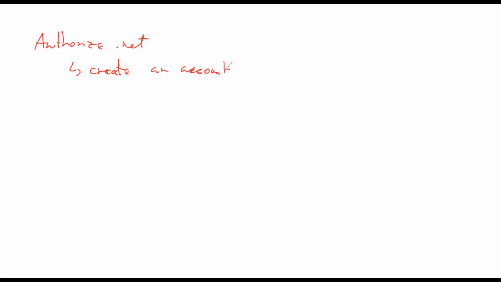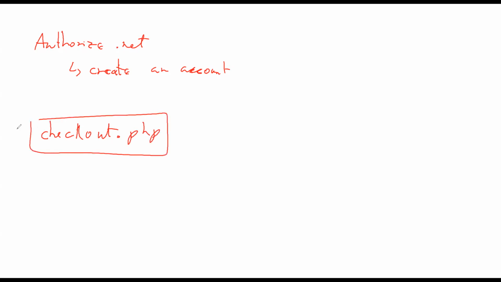So where does the checkout process begin? I've been talking about the checkout process, right? But where does it begin? The checkout process begins in a file called checkout.php. That's the first file that you would probably use, once you think everything is configured.